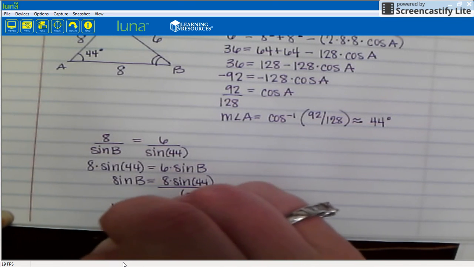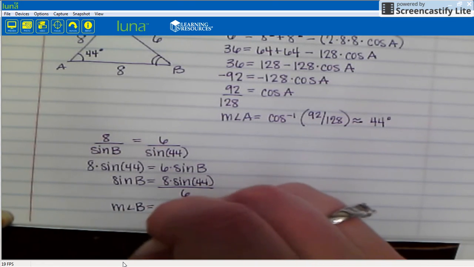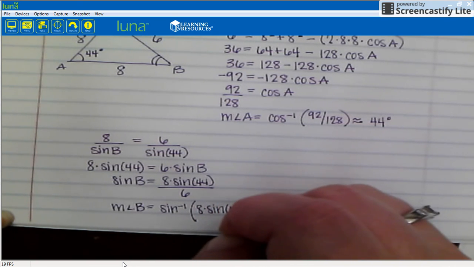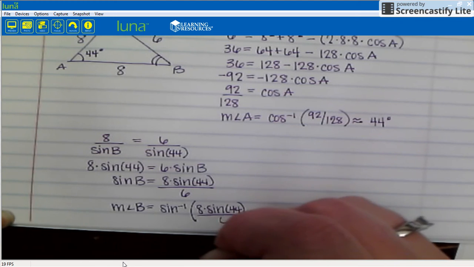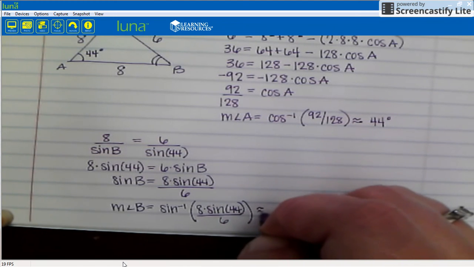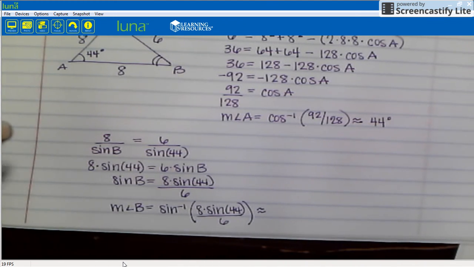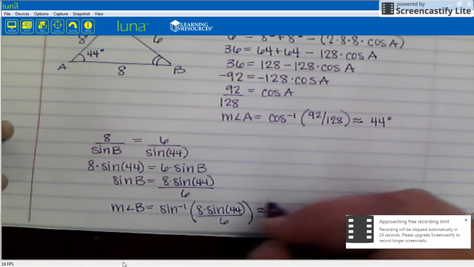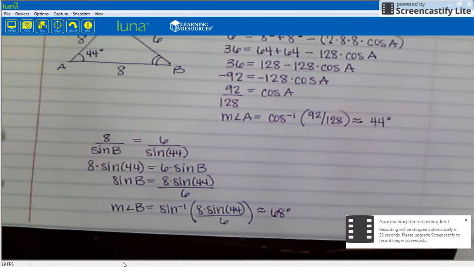So the measure of angle B is equal to the inverse sine of 8 times the sine of 44 divided by 6. And I let my calculator do that fancy legwork. So that is equal to about 68 degrees.